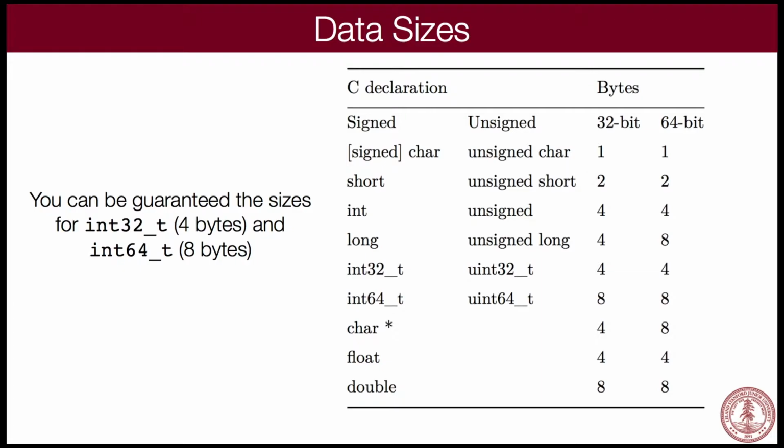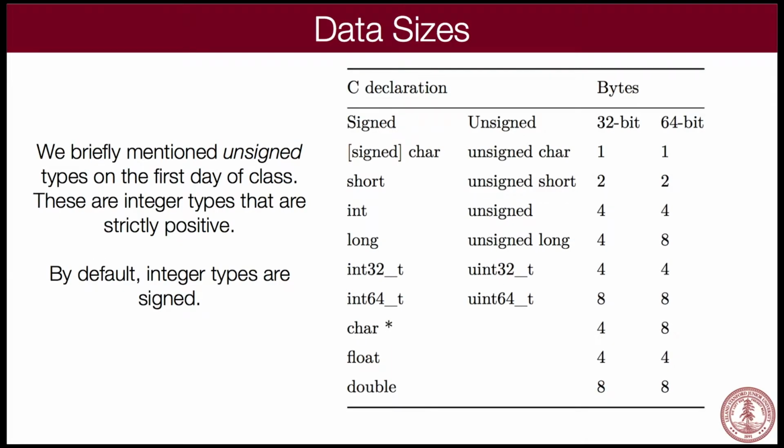The only ones that are really guaranteed are char, int32_t, and int64_t. I don't care that you know any of the 32-bit ones. The point is that sometimes they're different, and you should know these ones by heart. You'll get those in your brain pretty quickly. Like I said, we have these unsigned versions, which means there's no negatives allowed. By default, it's just a signed number.